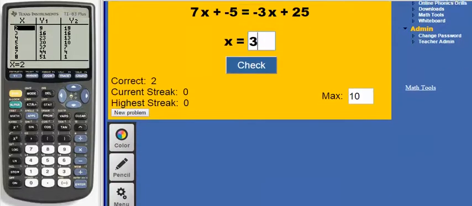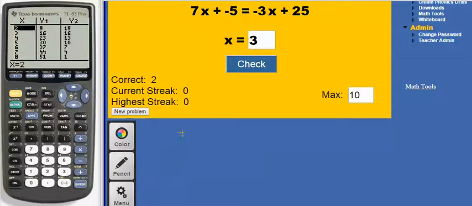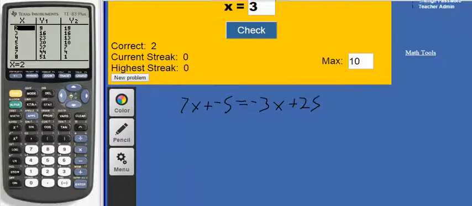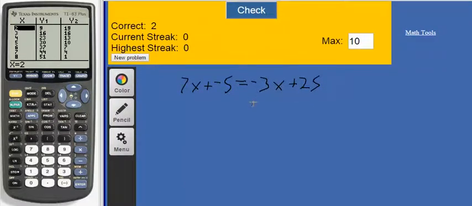Okay, just to show you that one by hand. 7x plus negative 5 equals negative 3x plus 25. So I want all my x's on one side, so I'm going to do the opposite of this.